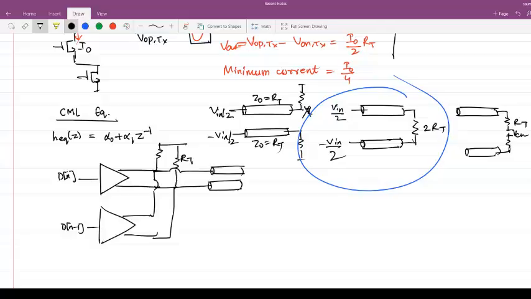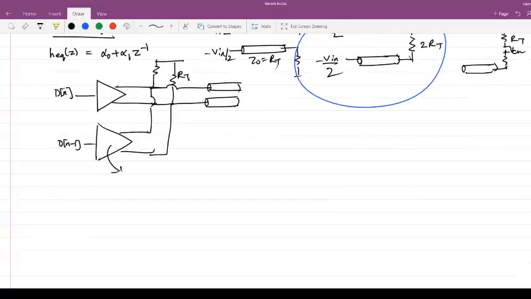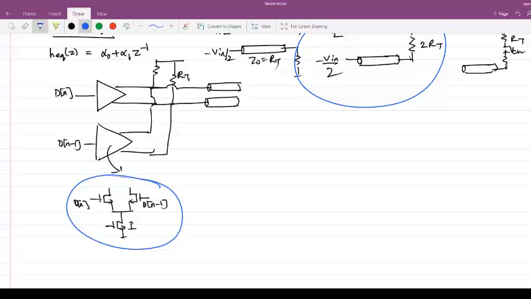Each cell has its input pair, which is I, and this can be Dn and Dn minus 1. So each block is this input pair.